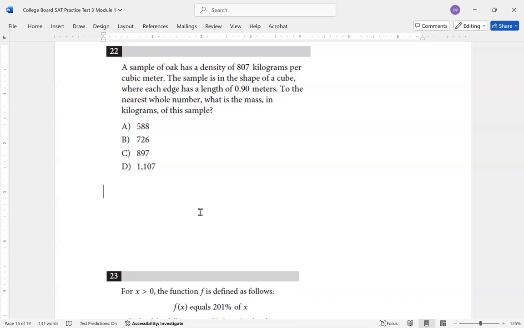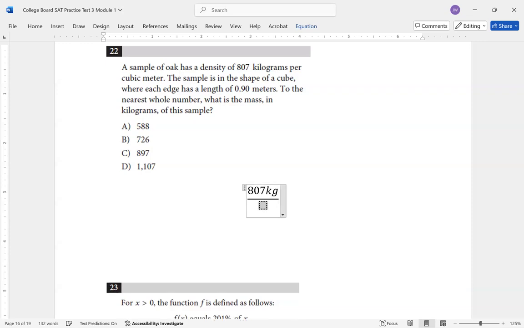So even if you don't know how to calculate mass, realize that we're looking for kilograms, right? So we're going to take 807 kilograms per cubic meter. Think of this as 807 kilograms per 1 cubic meter.